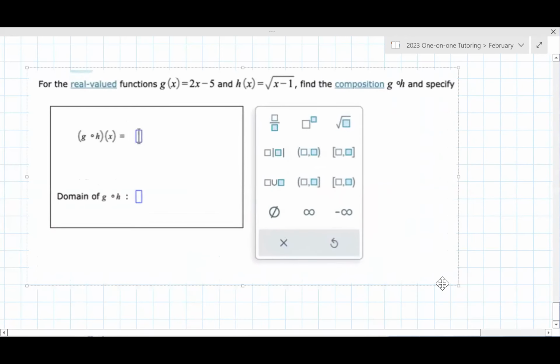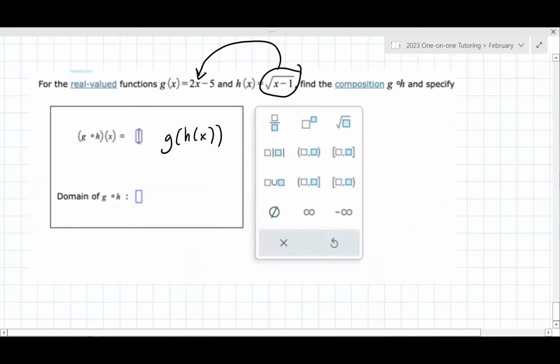The composition G bubble H means G of H of X. So you start with H of X, and you put that in for X. Okay. So it's gonna be 2 square root X minus 1 minus 5, like that. So that's your answer to box 1.